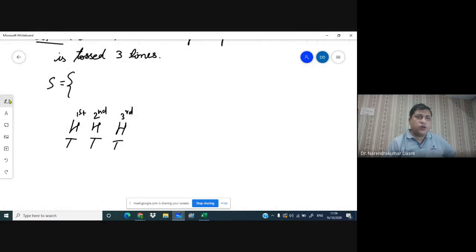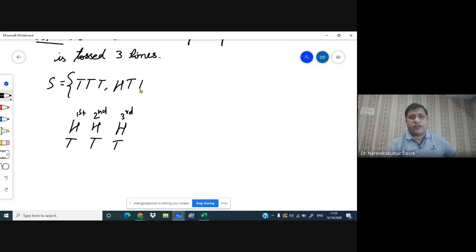That means we'll have all tails. We do not get any head. Now we'll get first head and then next two tails. Then we get first tail, second head, and third tail. Then first tail, second tail, and third head.